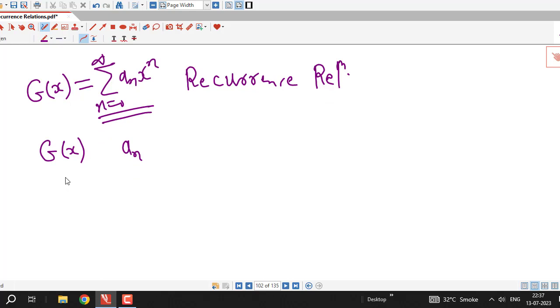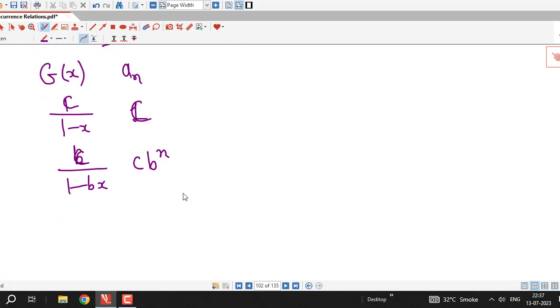For example, if we have 1 over 1 minus x, then a_n is 1, and if we have c over 1 minus x, a_n is c. If I have c over 1 minus bx, then the formula for a_n is c into b raised to n.